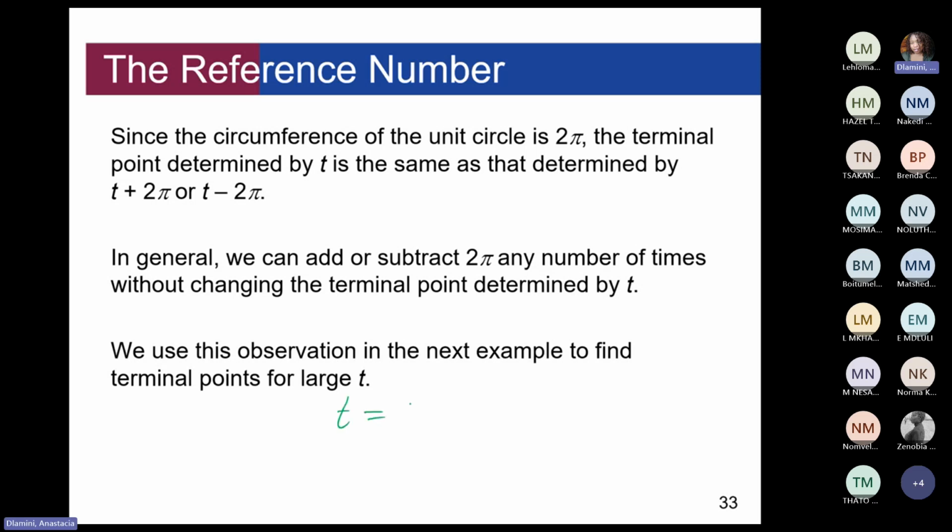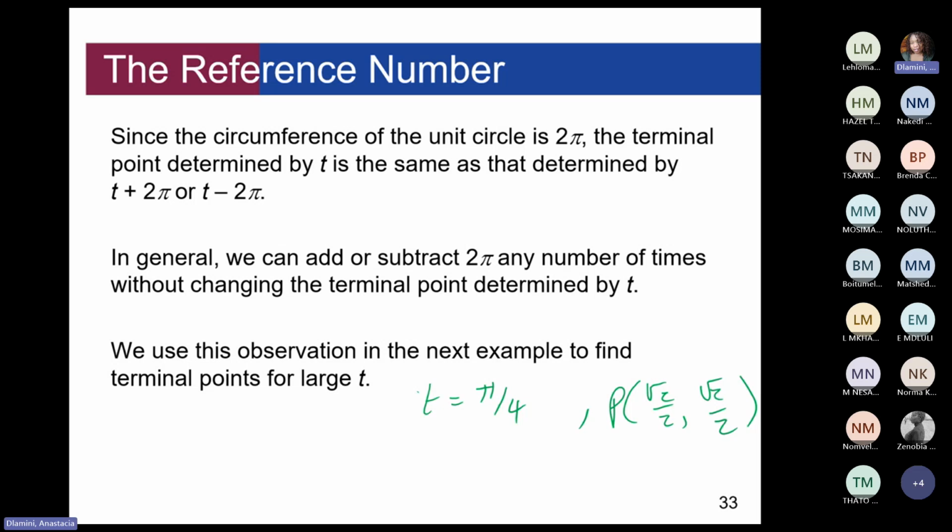Let's say t is pi over 2, ne? Are we together, guys? Yes, ma'am. Let's call it pi over 4 because now I know it by heart. t is equal to pi over 4. We know the terminal point is what? Root 2 over 2, root 2 over 2, right?